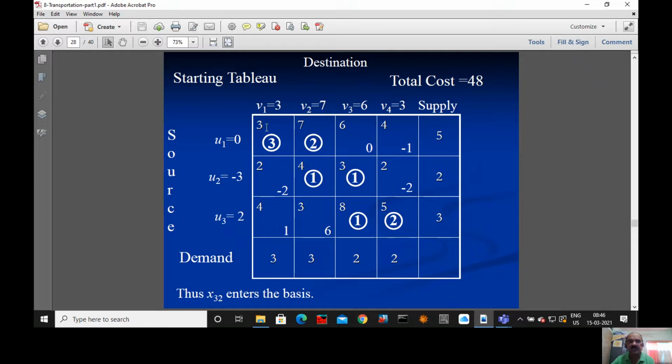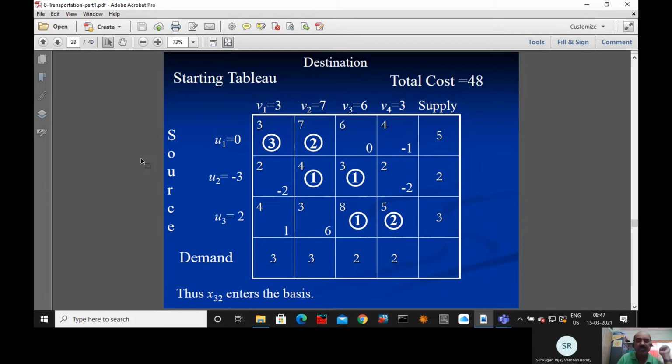C11 equal to 3, C12 equal to 7, C13 equal to 6, C14 equal to 4, then C21 equal to 2, C22 equal to 4, C23 equal to 3, C24 equal to 2. Then for the last row, we have C31 equal to 4, C32 equal to 3, C33 equal to 8, and C34 equal to 5.